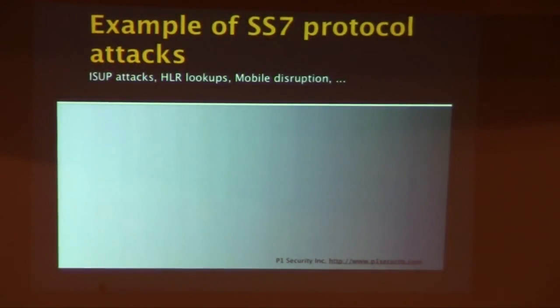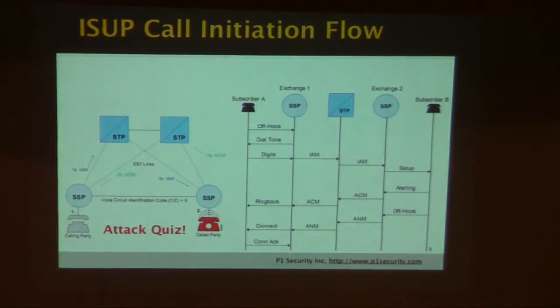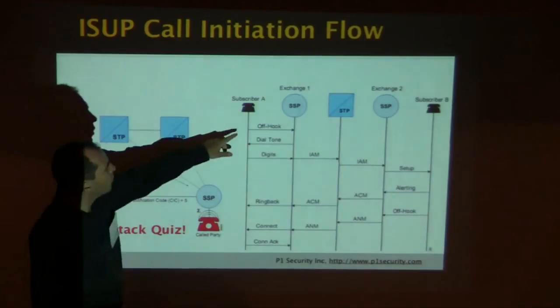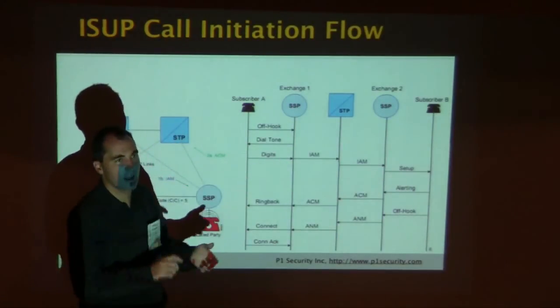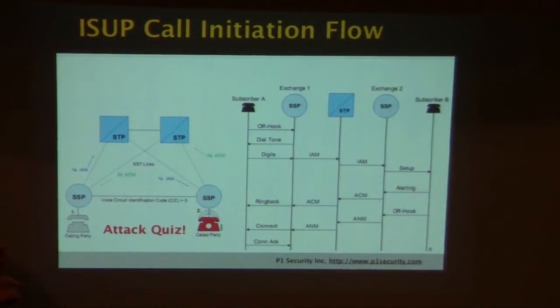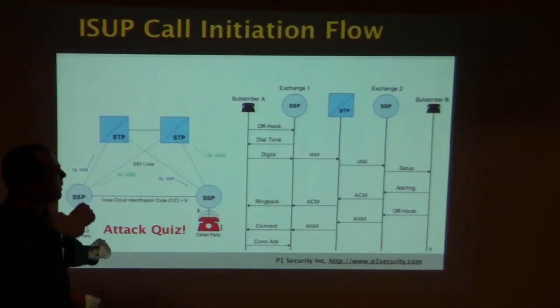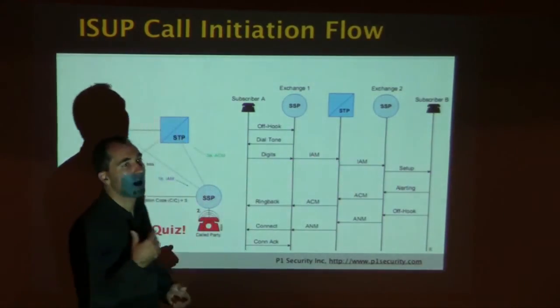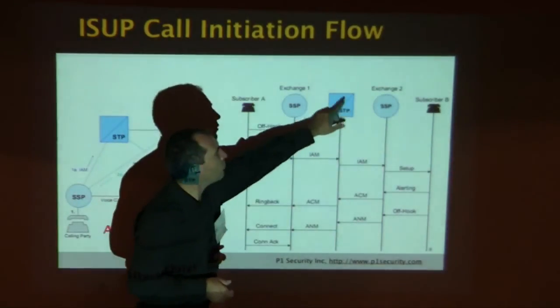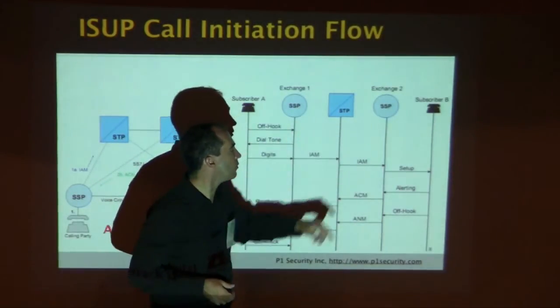Okay, let's talk about some examples of attacks. Here is one protocol exchange, just for a not-mobile, like a landline call. You take your phone off hook and you get a dial tone, you put in the digits, and as soon as the central office, the switch, gets all the digits, it sends an initial address message, which says I'm going to do a call, and the router, the STP, forwards it to another switch.